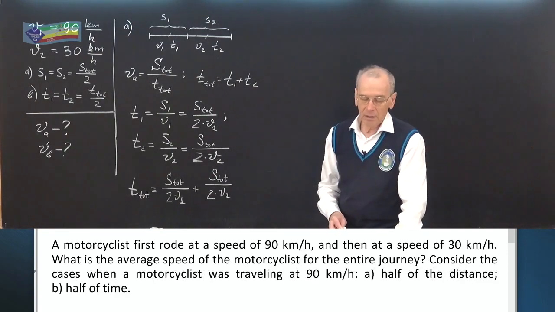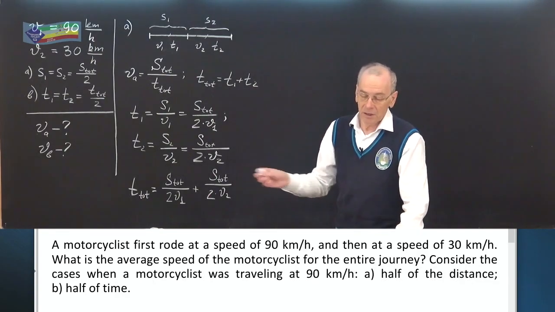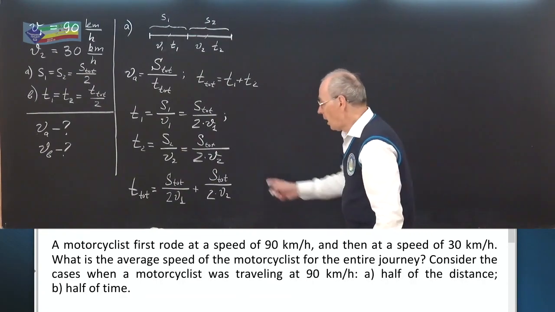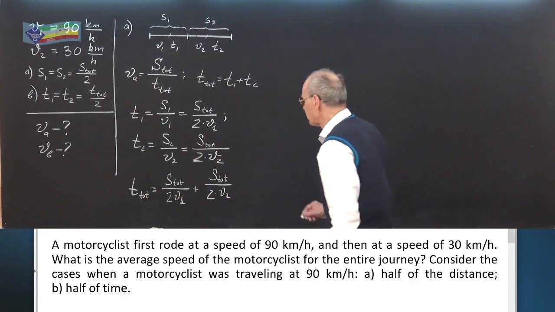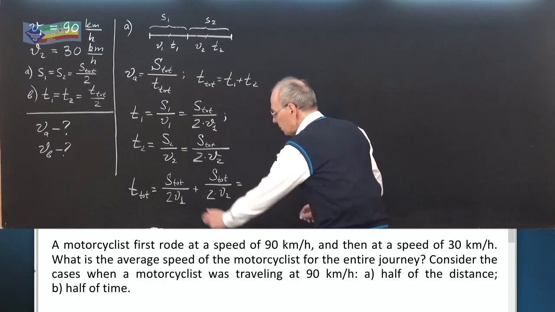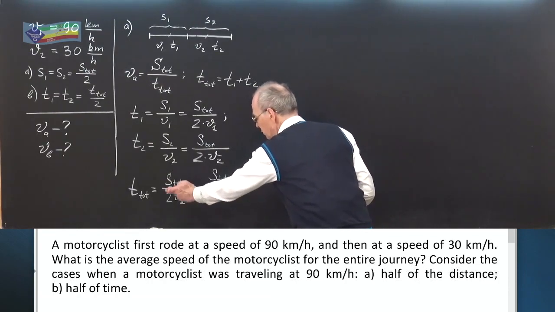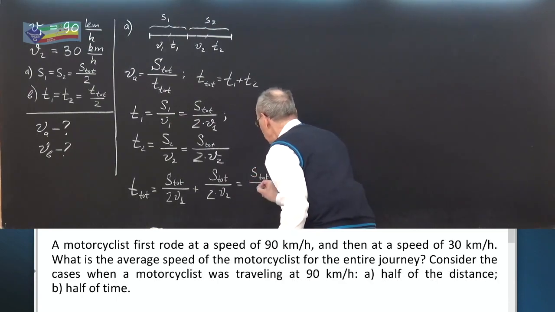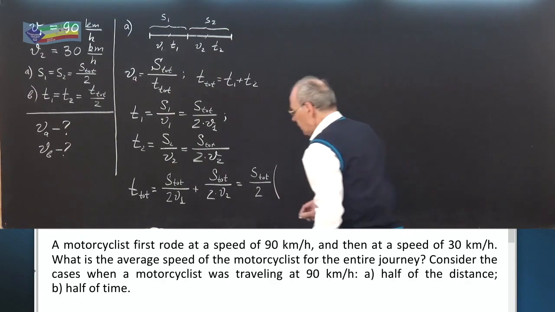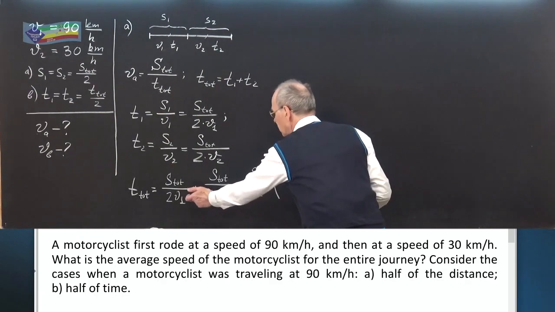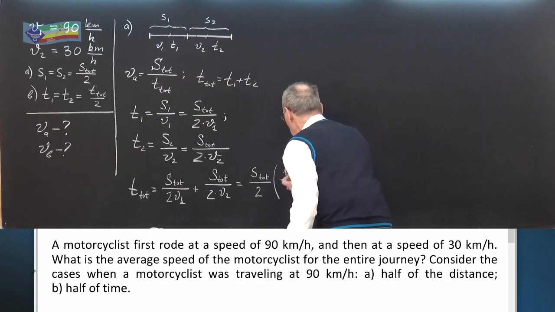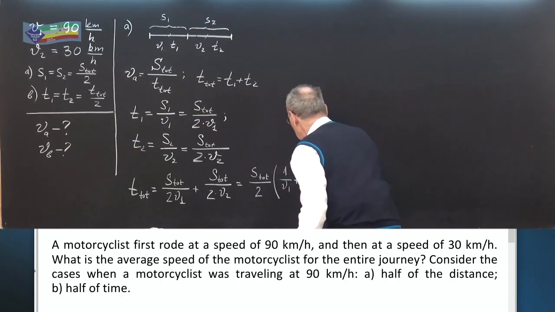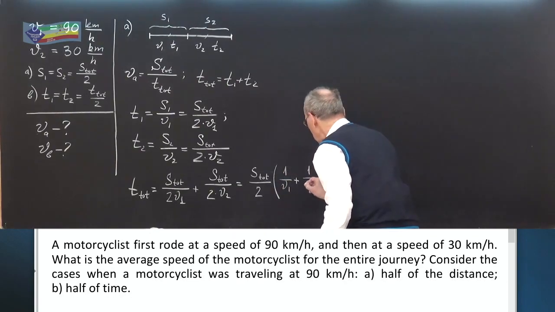So let us take the common factor out of brackets, equals S total divided by 2, and in the brackets unit over V1 plus unit over V2.